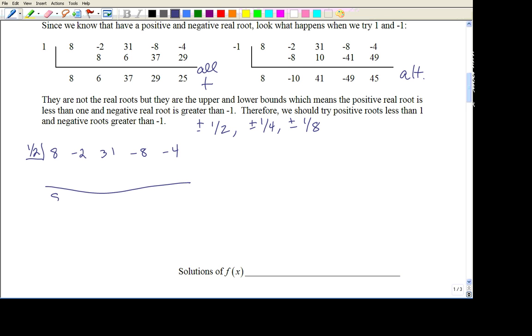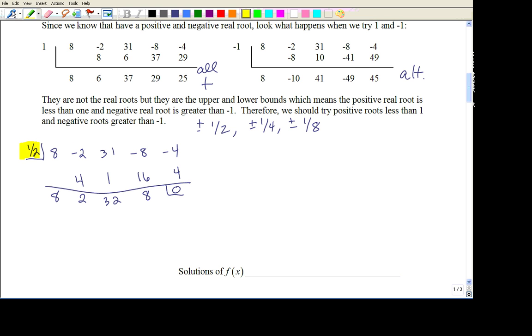We bring down the 8, times 1/2 is 4, plus negative 2 is 2. 2 times 1/2 is 1, plus 31 is 32. 32 times 1/2 is 16, plus negative 8 is 8. And 8 times 1/2 is 4, plus negative 4 is 0. That's a good thing. That means that 1/2 is one of our roots.